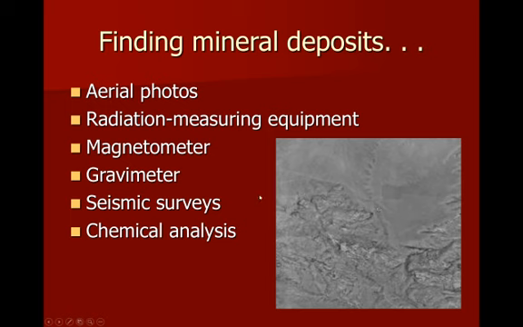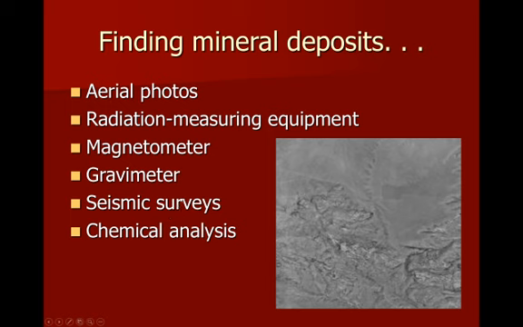So what if you can't do that? What can you do to find them? Well, we can do lots of things. People are paid lots of money to go out and try and find these mineral deposits. They can use aerial photos, which are pictures taken with airplanes. We can use radiation measuring equipment to look for things like uranium, a magnetometer for iron and other magnetic metals, a gravimeter to look at the density, how dense the rock is, and seismic surveys, which are just going out and looking at where the fault lines are.